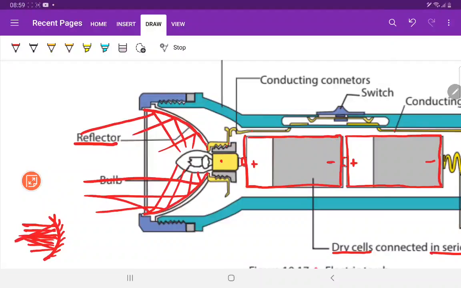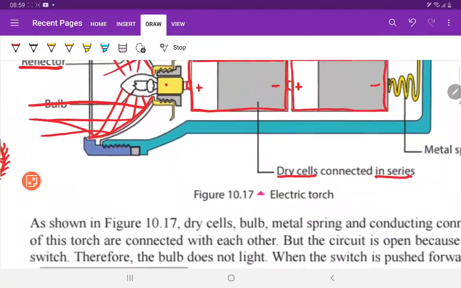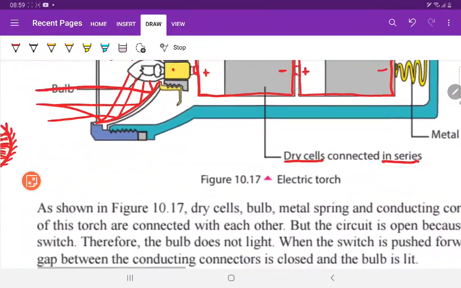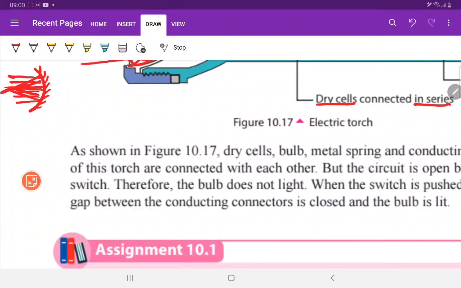So here the light emitted by the bulb will be reflected by this concave surface. There are two concave surfaces here. So it is also useful to get more light if there are concave reflecting surfaces, as shown in the figure.